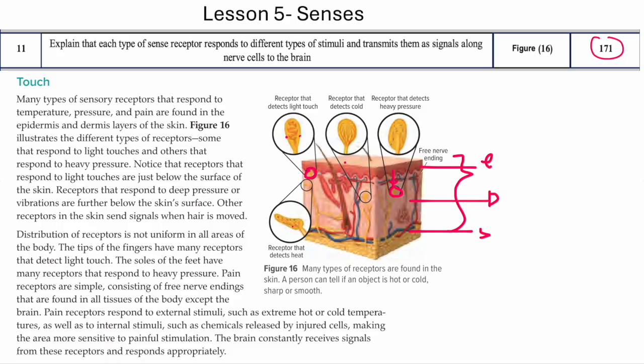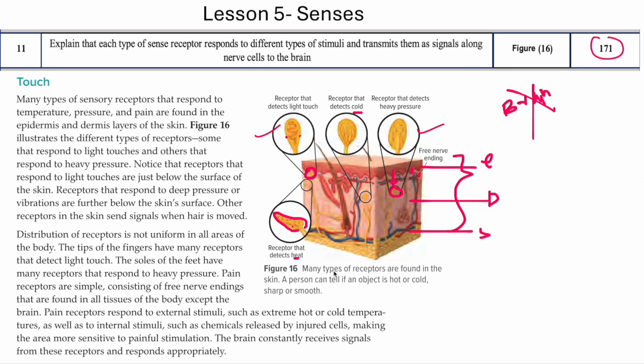And you have two receptors, one is for the cold and the other one is for the heat, right? So the heat receptors you can easily identify by this shape. You can see the nerve endings everywhere in your body except for the brain. In the brain you don't have pain sensors, and the tips of your fingers have more light touch receptors, and the soles of your feet have more heavy pressure receptors.